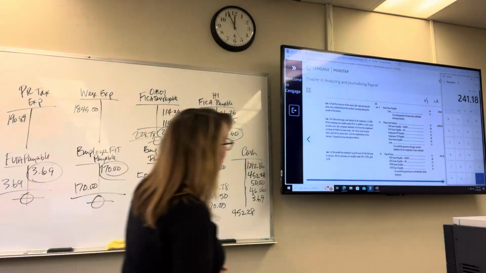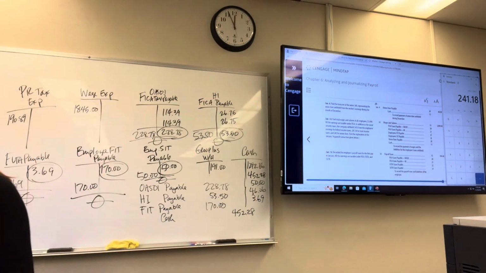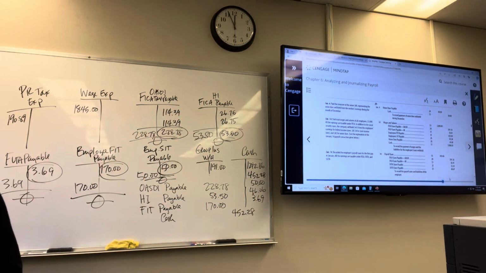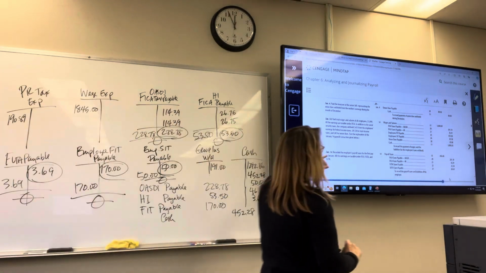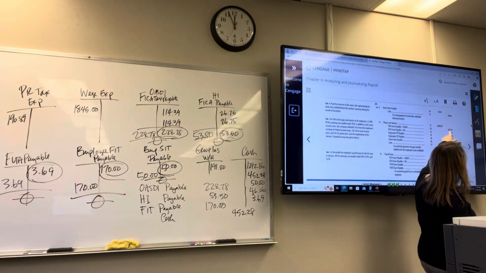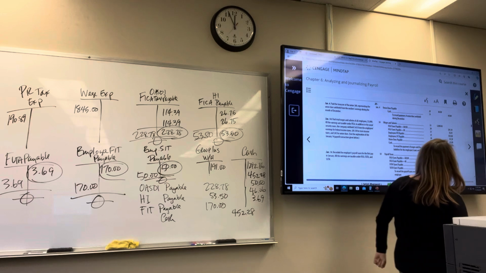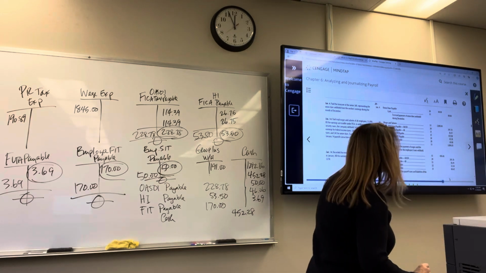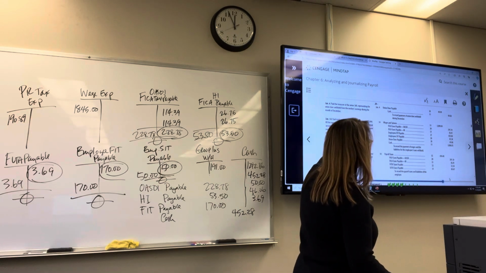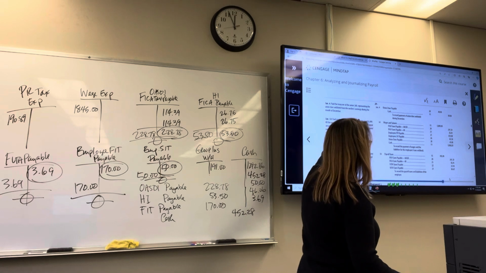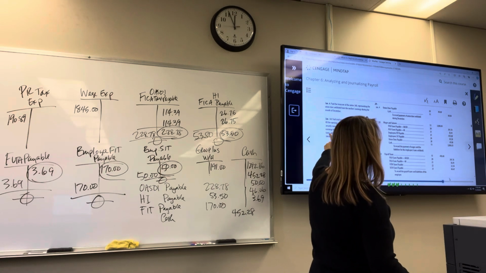So $241.18 should be the amount of FICA taxes that are payable, $56.41 for the Medicare taxes payable, and then they gave us the amounts for federal income taxes, state income taxes, and the union dues.